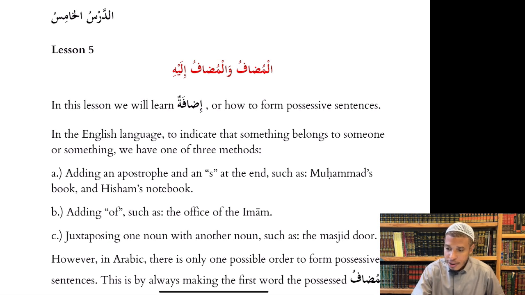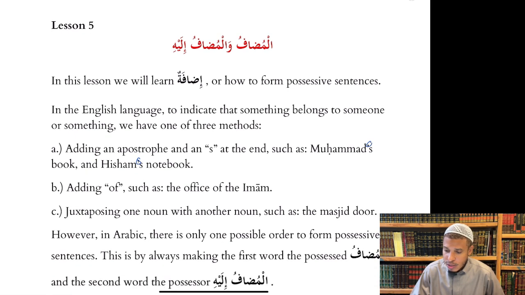When we add the apostrophe and the S, that shows possession: the book belongs to Muhammad, the notebook belongs to Hisham. Or you can add "of," such as the office of the Imam, or the office of the director.